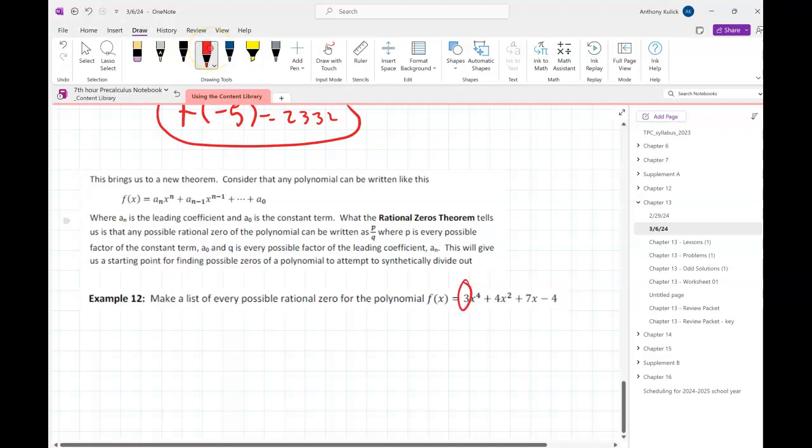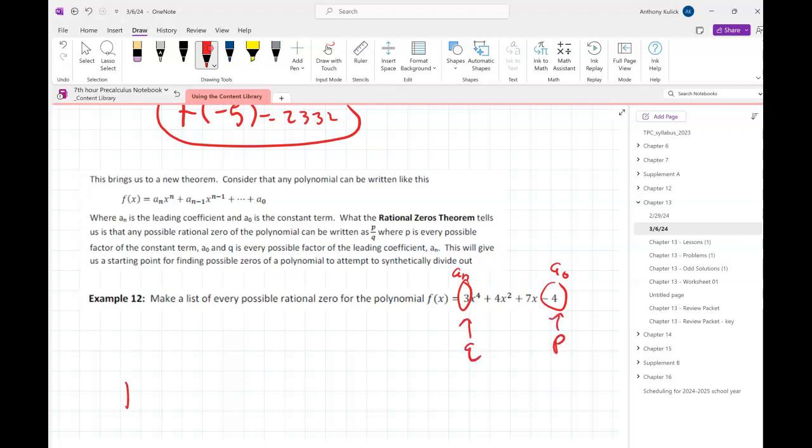So I know that this is my a sub n, and this is my a sub 0. So my p is coming from here, and my q is coming from there.